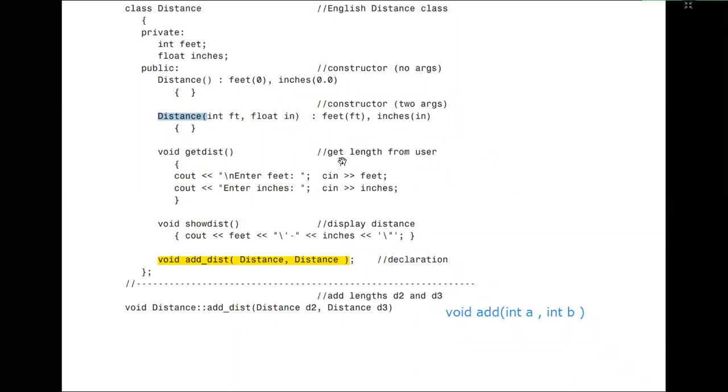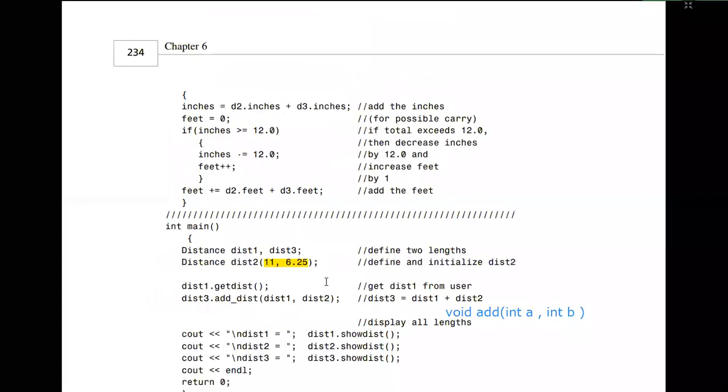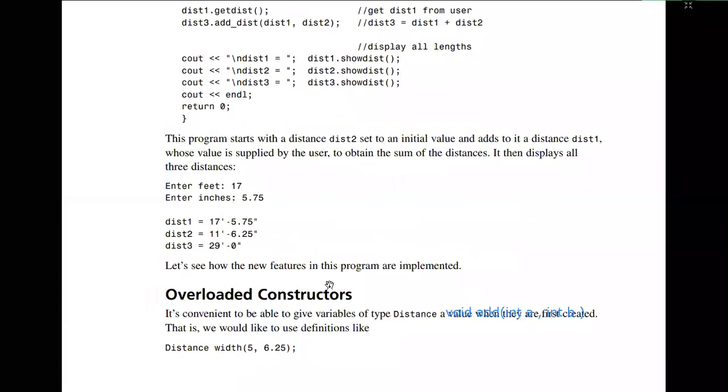The answer is that in C++ object-oriented programming, there is a feature that we call overload. The name of the feature is called function overloading. The basic idea is that two functions, or multiple functions, can have the same name.